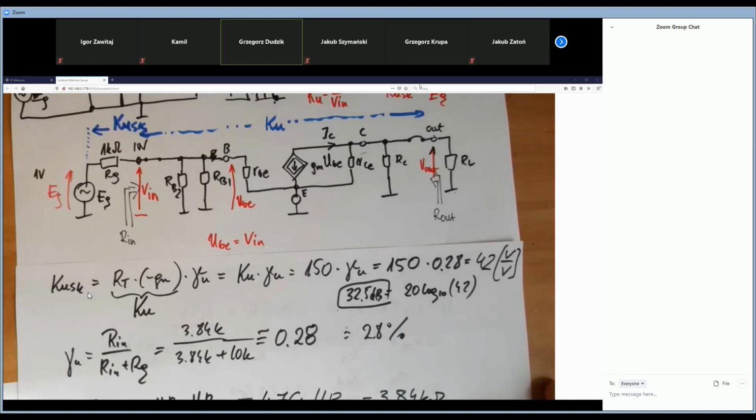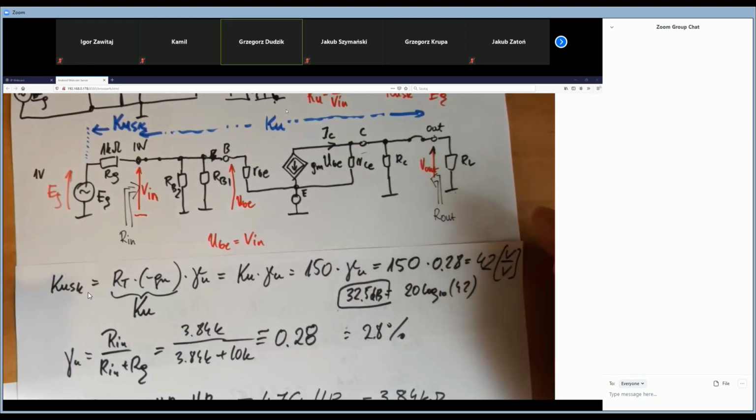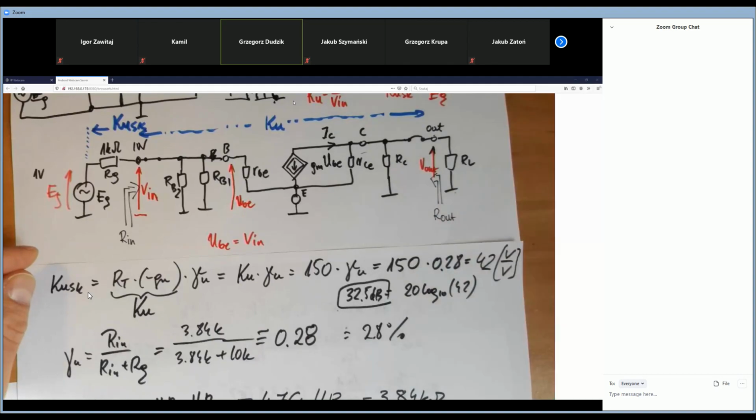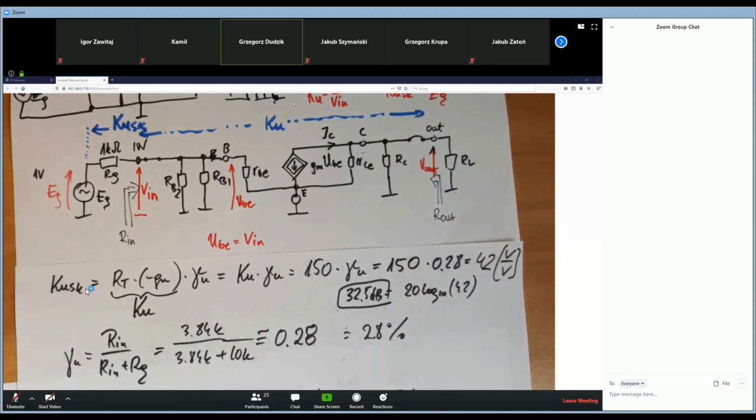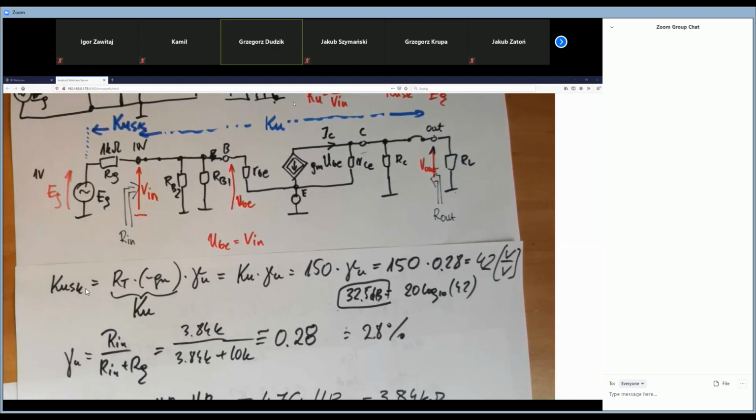What else? Anytime I have classes or lectures, especially classes, I see that the people connected by Zoom to the electronics classes number around 25, 28.